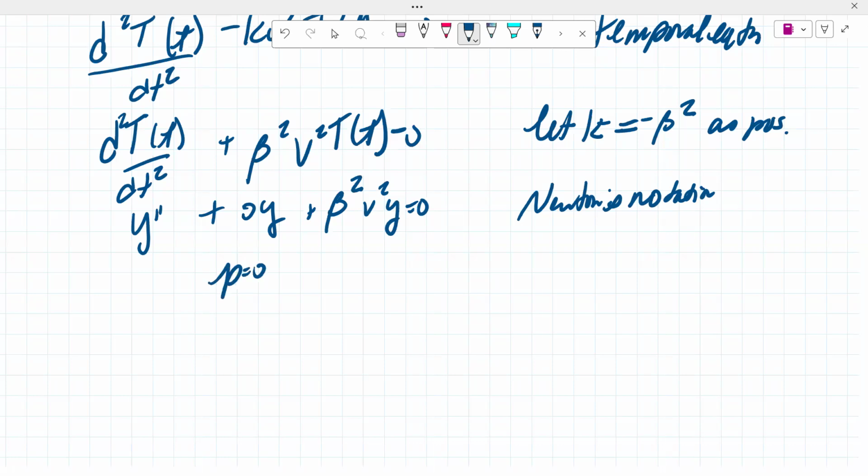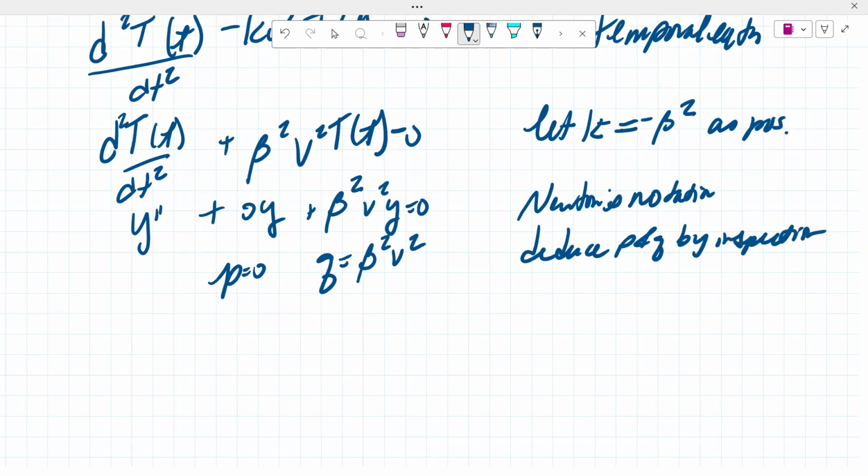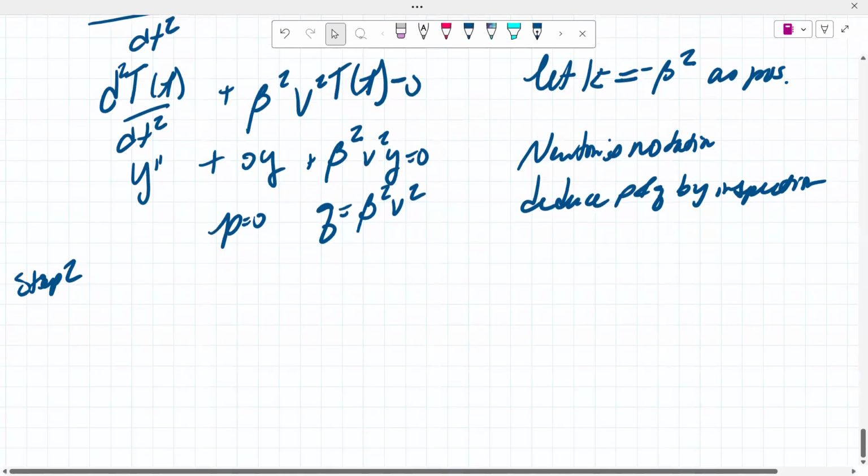P equals 0 and Q equals beta squared v squared. Deduce P and Q by inspection. Step 2, the auxiliary equation.